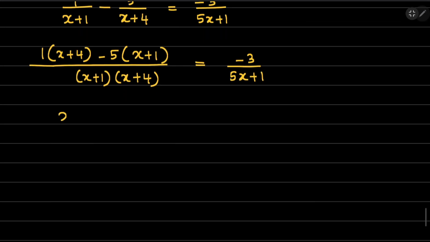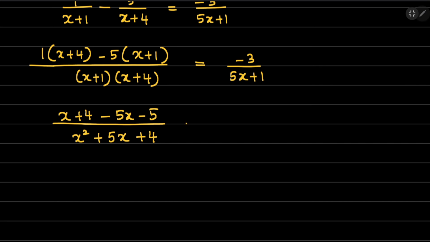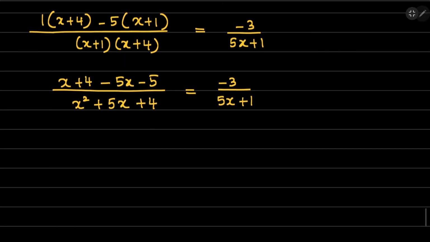So multiply inside, so you have x plus 4 minus 5x minus 5 whole divided by, in the denominator you will have x square plus 5x plus 4 is equal to, right hand side remains unchanged. Okay, so it will remain as it is. Now we can solve. What is x minus 5x?